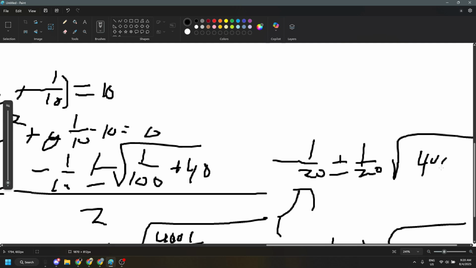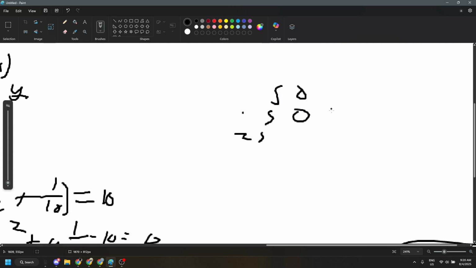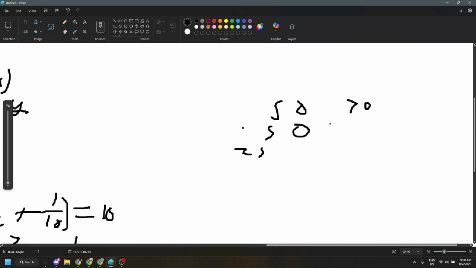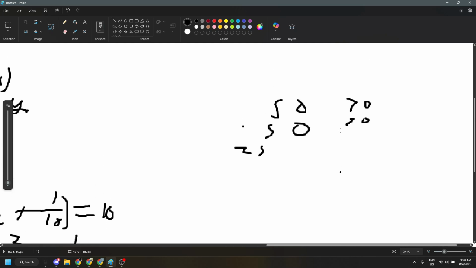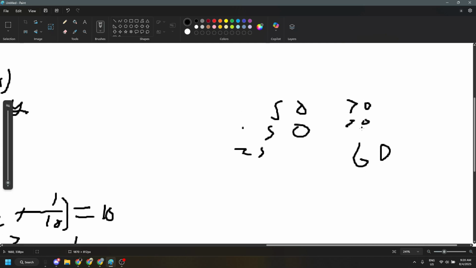I can't tell if that's a square number. Let's see, what is 50 squared? It's 2,500. So maybe 70? It's 4,900. So maybe 60. It's 3,600.